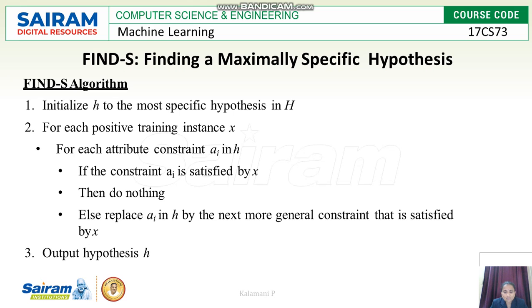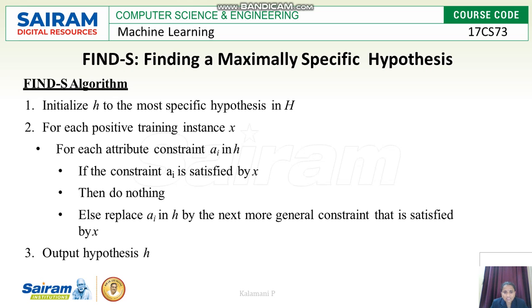For each attribute constraint a_i in h, where a suffix i indicates the attribute value in h: if the constraint a_i is satisfied by x, then do nothing. Otherwise, replace a_i in h by the next more general constraint that is satisfied by x.